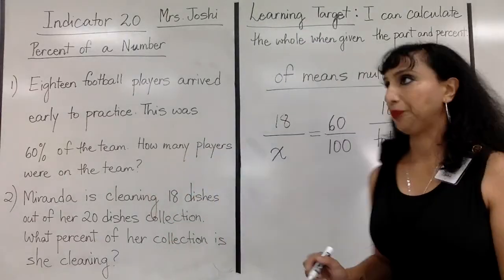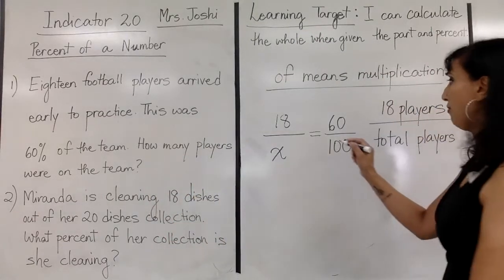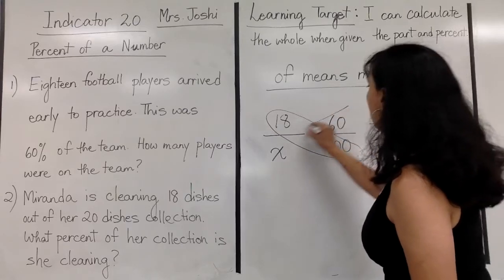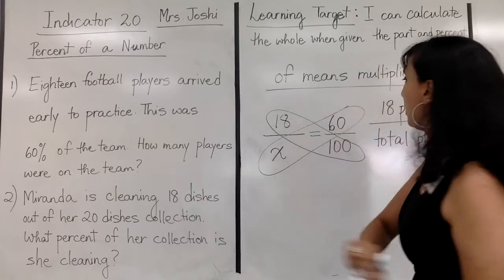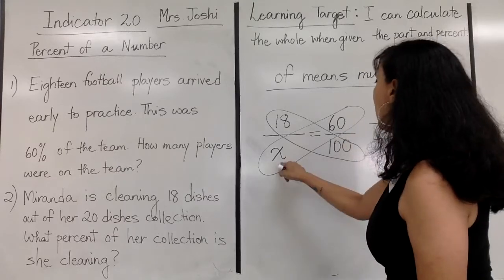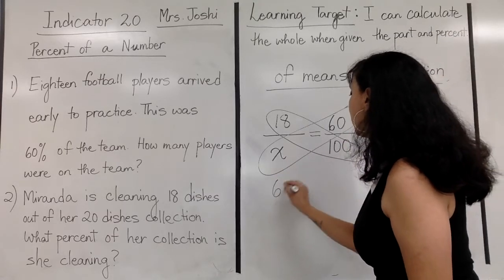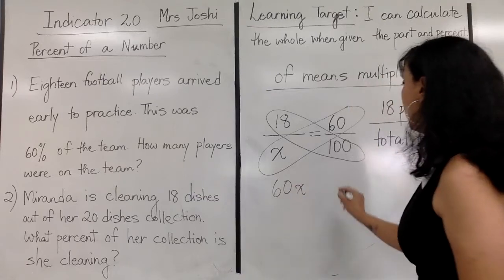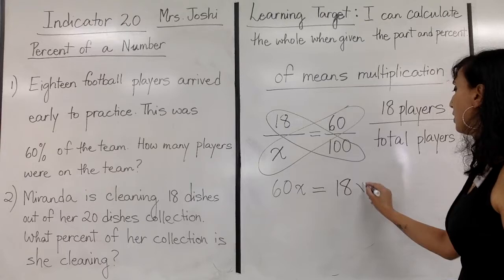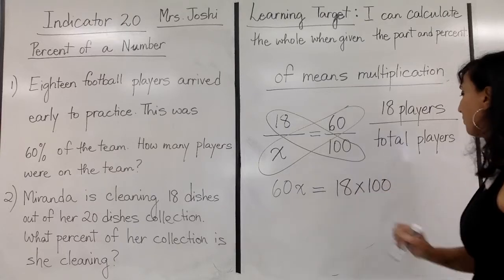Okay, now if I do this times this is equal to this times this, 60 times x, I get 60x is equal to 18 times 100.